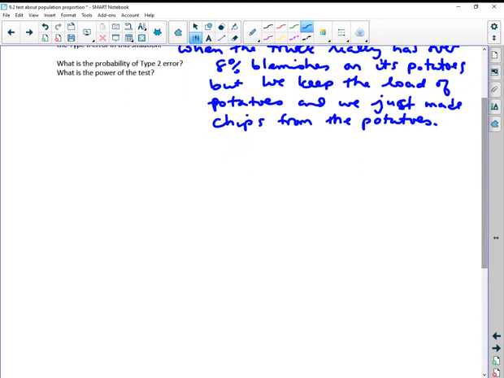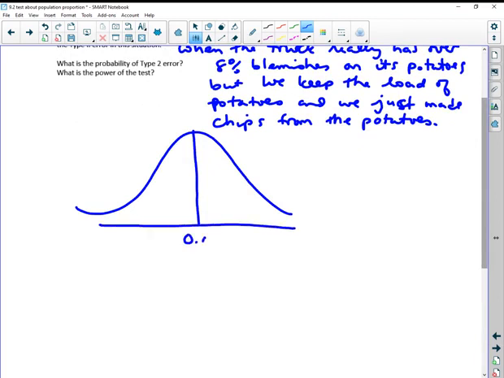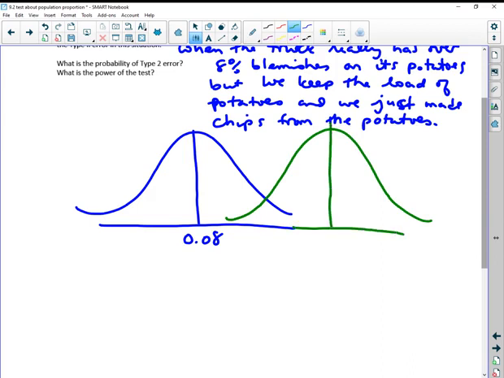So here's my curve with my potatoes here, what we would like it to be true, that being that blemish level or less. But in fact, we've got this other curve showing these alien potatoes that are really different.